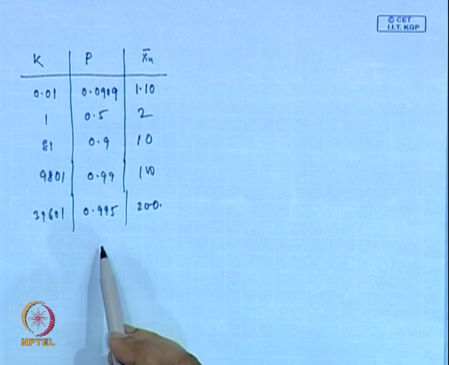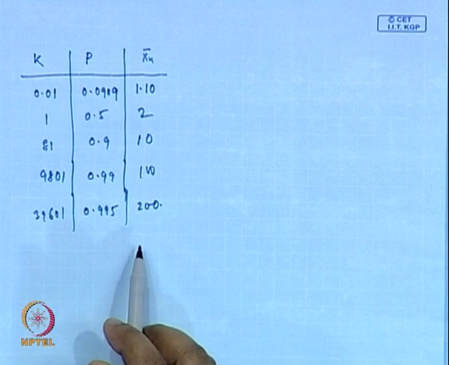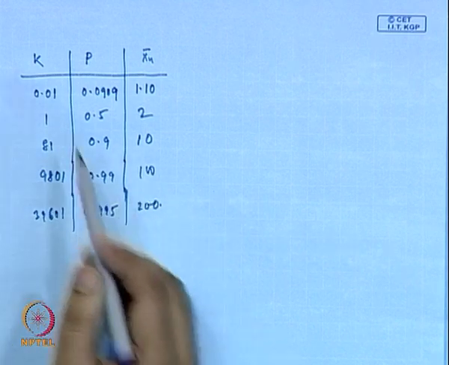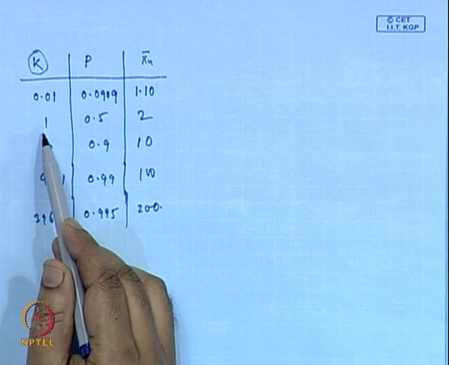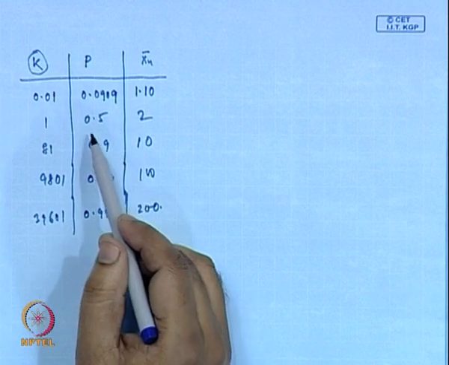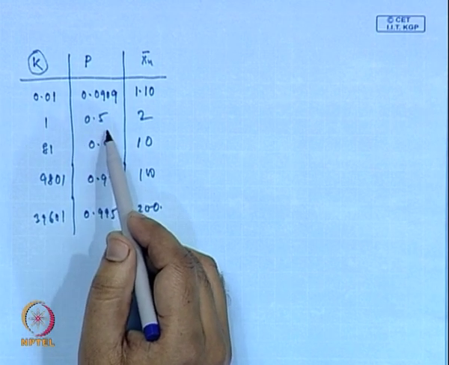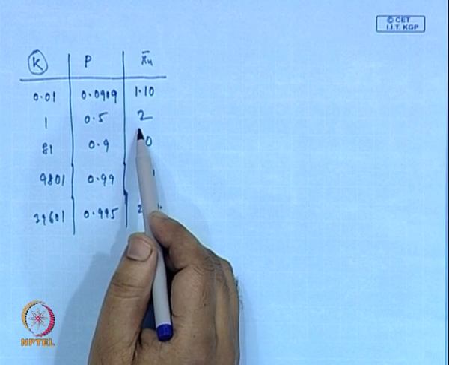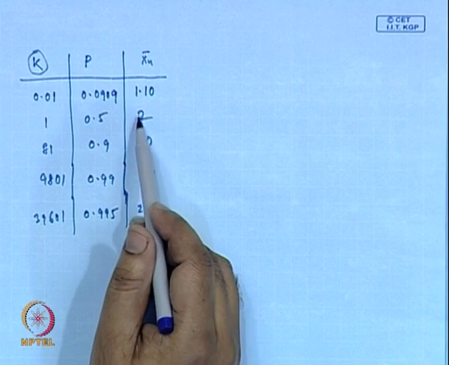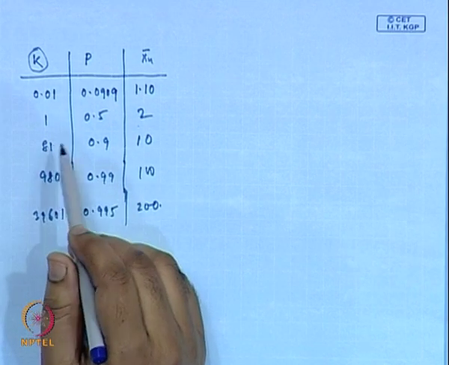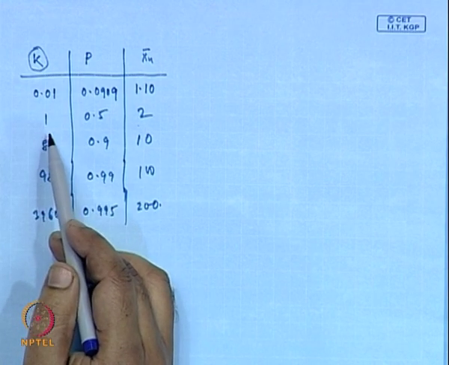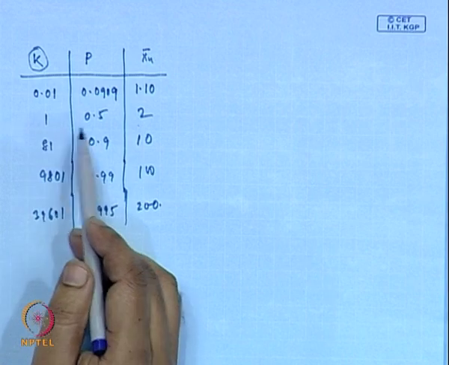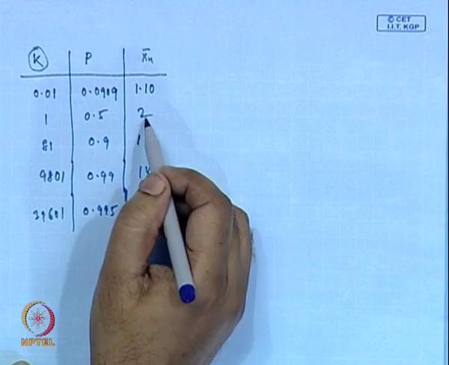Now, if we carry out this reaction in a closed system, if the equilibrium constant K is say 1, then the equilibrium conversion would be 0.5, which will lead to an average degree of polymerization of 2. That means, if the value of the equilibrium constant is 1, then at the equilibrium, you are only going to get dimers.